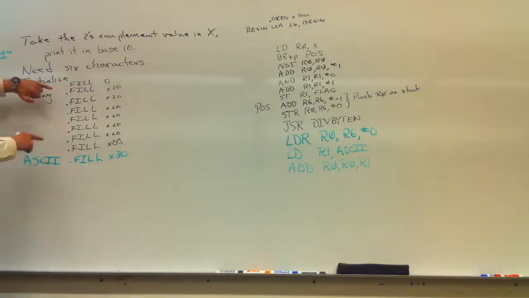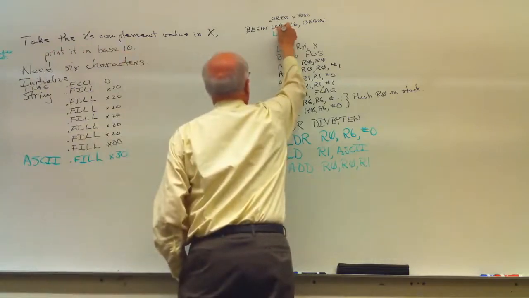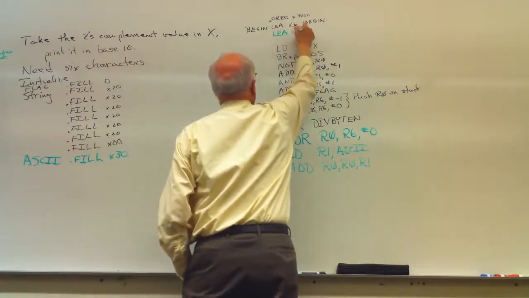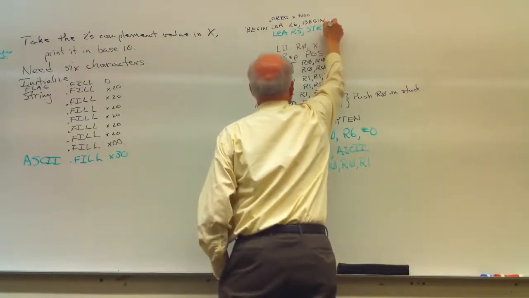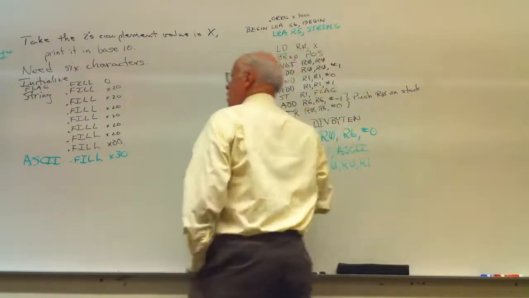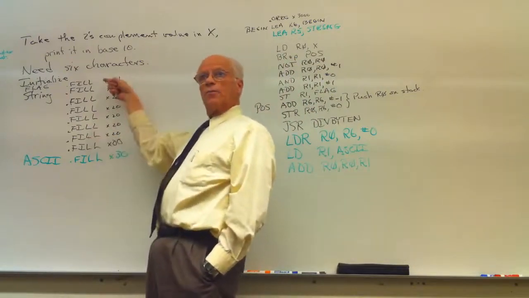I want to get the address of this character string into a register someplace. So I will put that in register 5. But I'm going to be filling it from down here at the end back up this way.